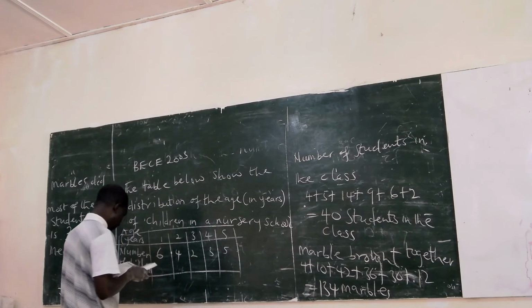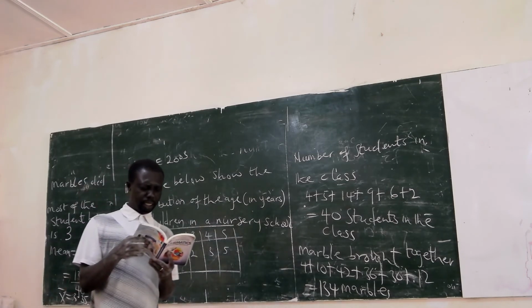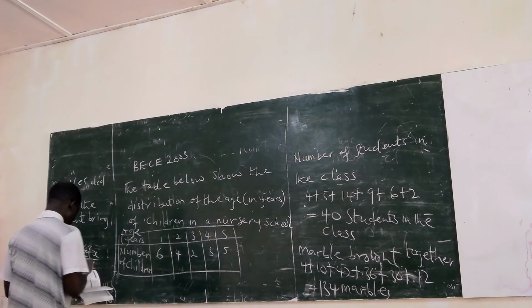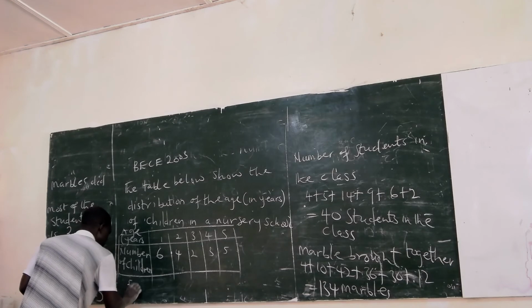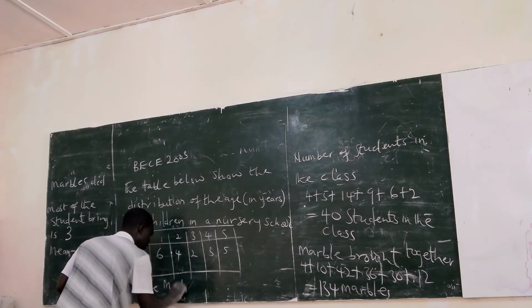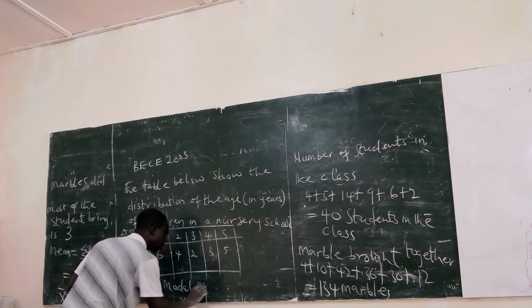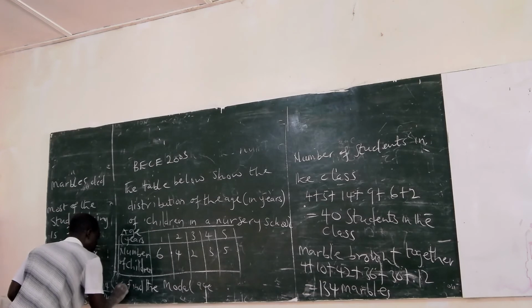So the question is: use the table to find the modal age and the mean age. Find the modal age and the mean age. Find the mean age.